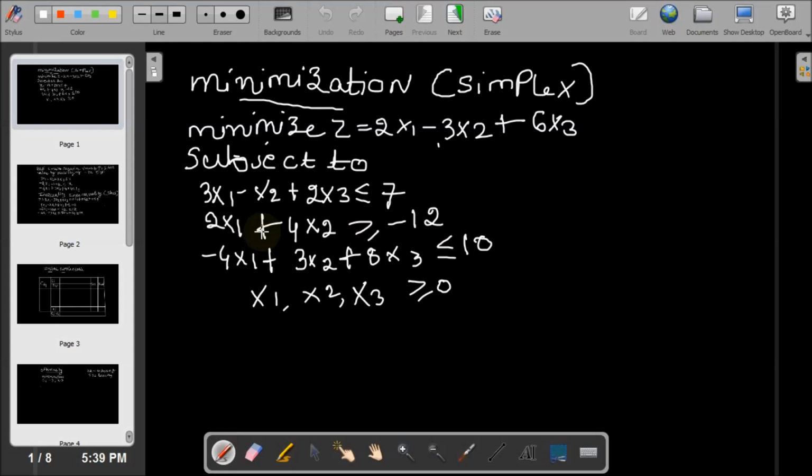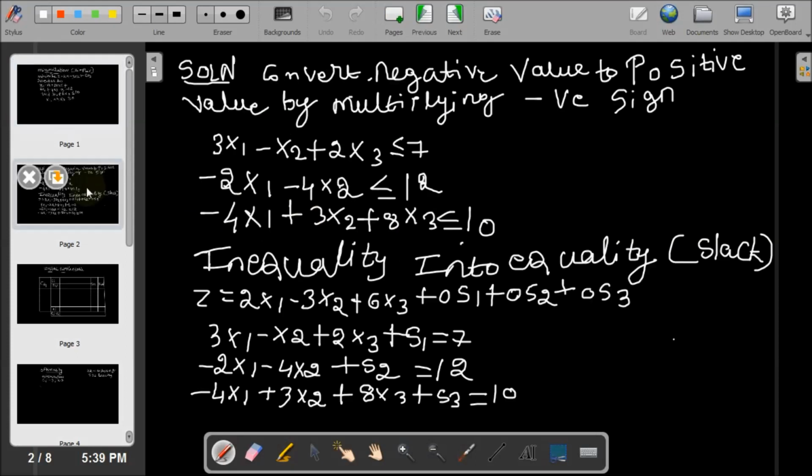So now I have to multiply this second constraint with the negative sign. When you multiply, what do you get? The first constraint will be the same, 3x1 - x2 + 2x3 ≤ 7, but in the second constraint I multiplied with the minus sign: -2x1 - 4x2 ≤ 12.